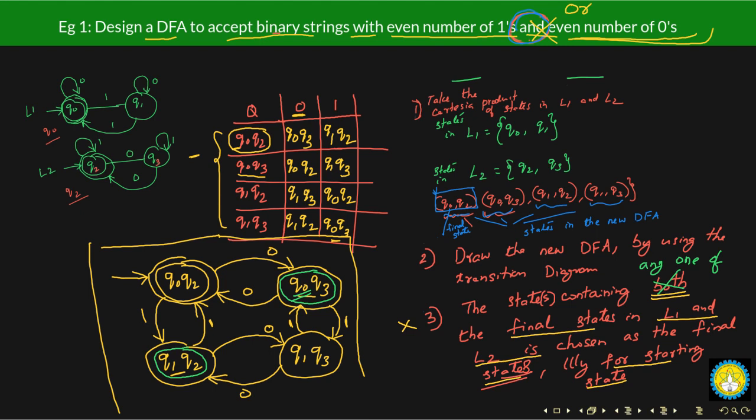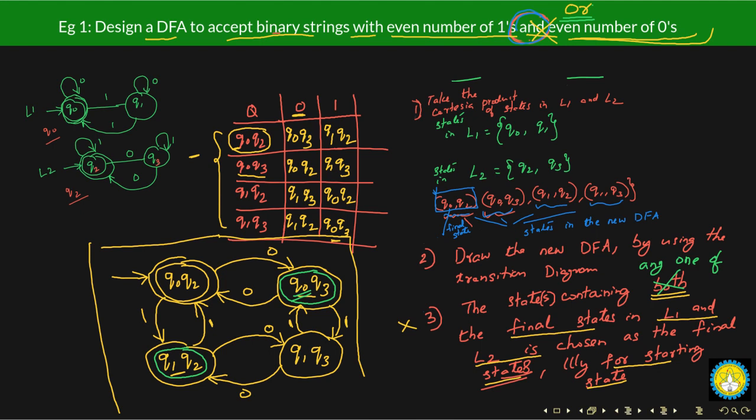So it is very important to note that if the question is based on an OR clause, the only modification that you need to make is in the third step. You have to select those states containing any one of the final states in L1 and L2 as the final states.